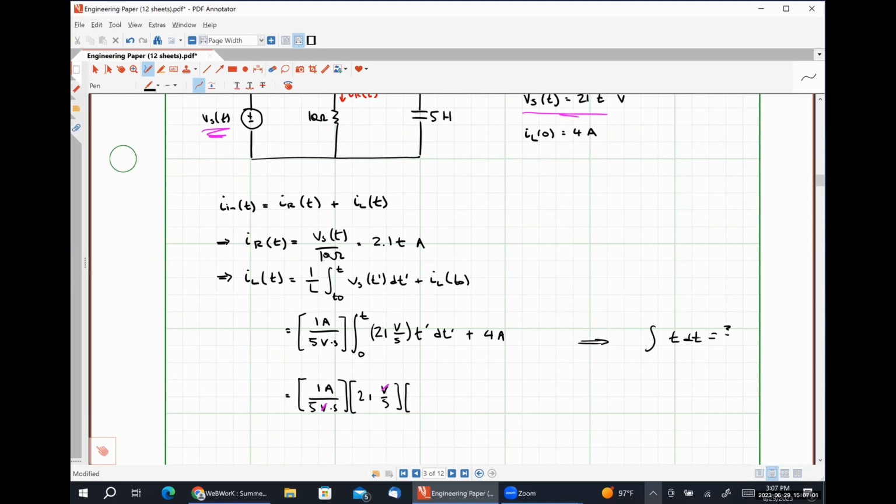So when I pull the 21, how do I take the integral of t with respect to t? I might be asking the question poorly. 1/2 t squared, right? Yes, you add 1.